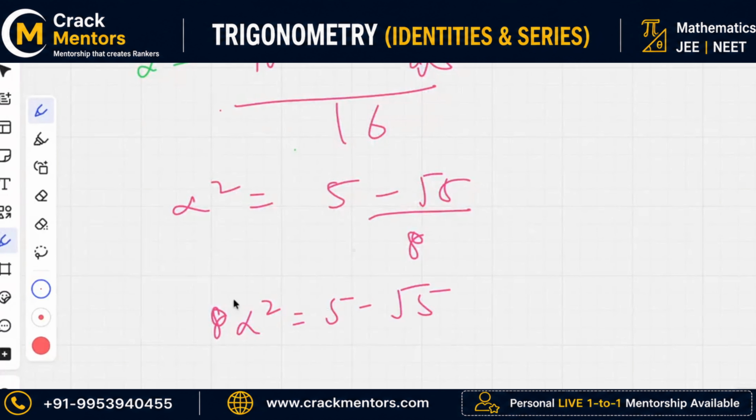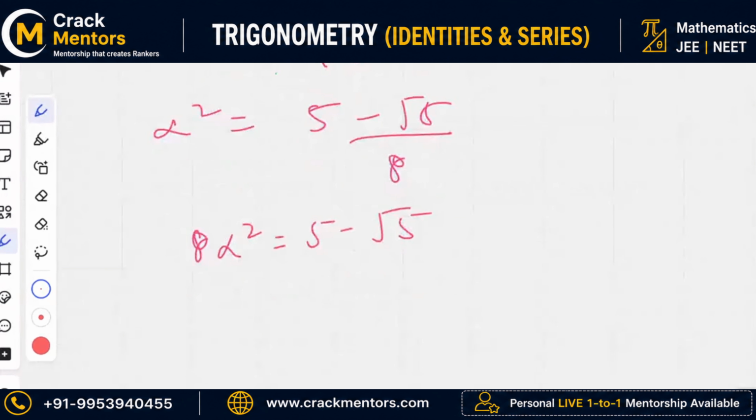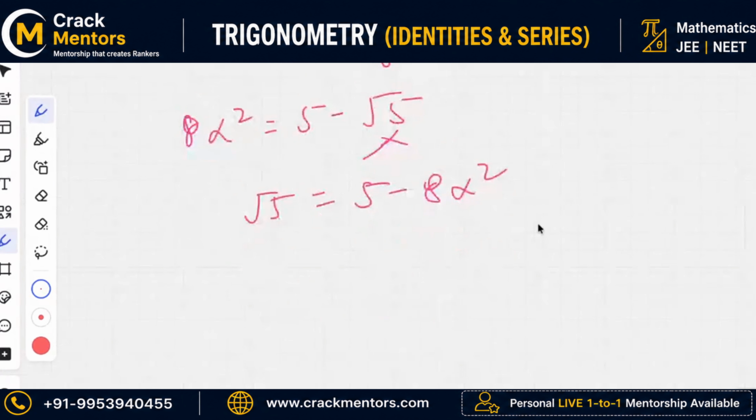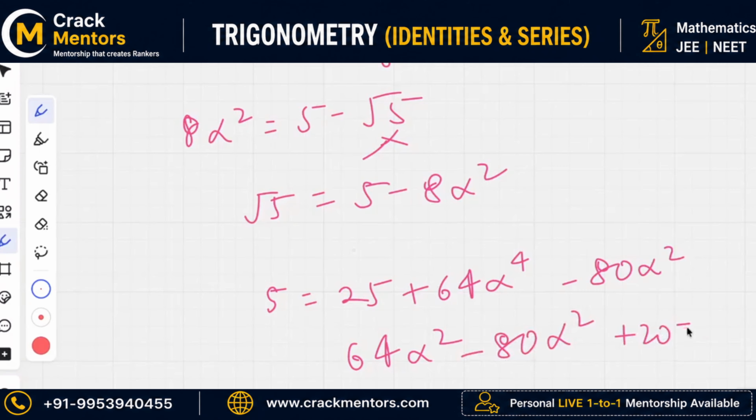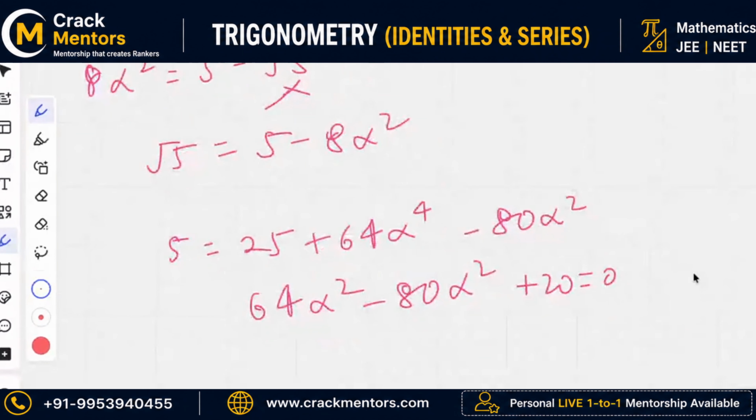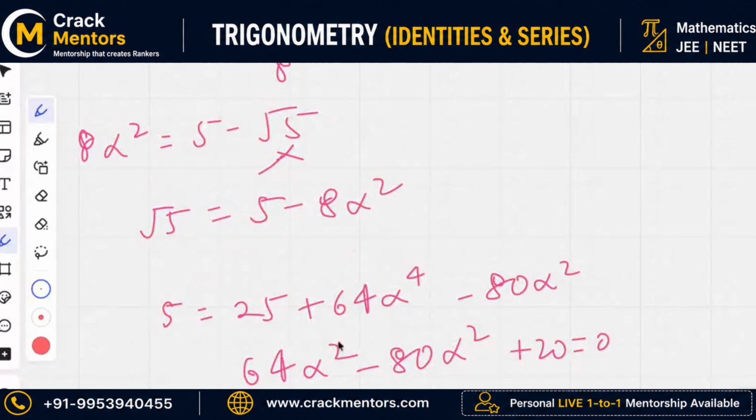Very good. I'll keep this root thing here only. So it's 5 minus 8 alpha square, correct? Let me now square it again. 25 plus 64 alpha 4 minus 80 alpha square. Which means it's 64 alpha 4 minus 80 alpha square plus 20 equals 0.